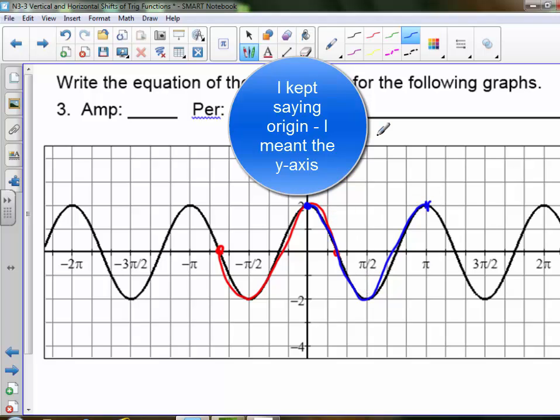So the question is, which one would you prefer? Well, if I start at the origin and get a cosine graph, then I haven't shifted to the left or to the right. So that seems like it might be an easier one to work with. So because we're starting at the origin and we get a cosine graph, I'm going to pick it. The other one would work, but this one I think will be easier to deal with.